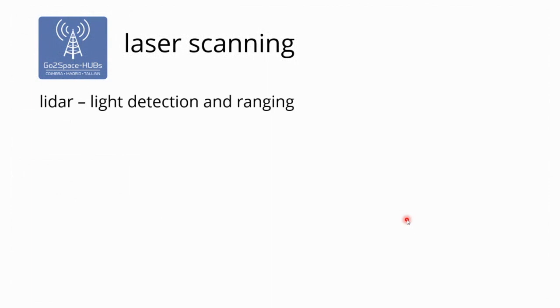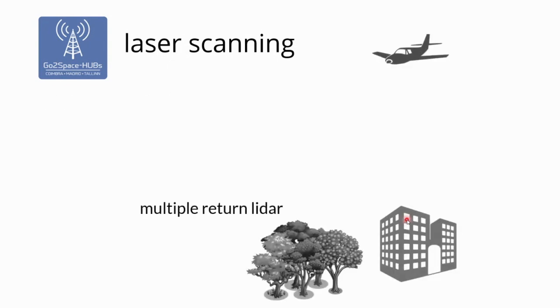And last thing here in this part, laser scanning. We can call it LiDAR, like light detection and ranging, like we have radar, radio detection and ranging. So here we have LiDAR, light detection and ranging. It's basically, well, ranging especially. So we just emit the laser signal. After that, we receive it.